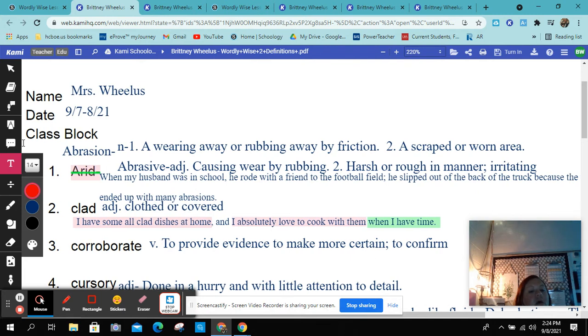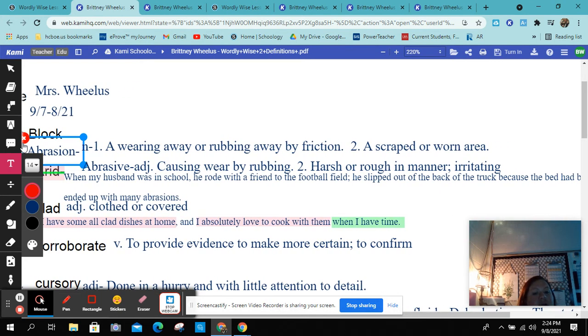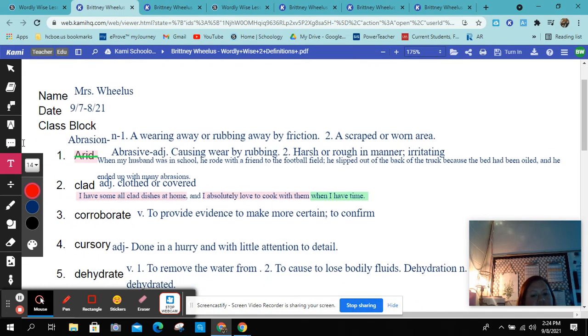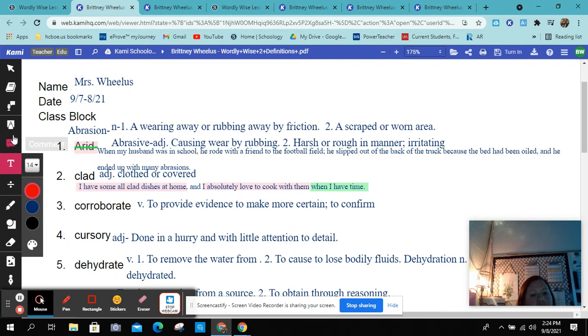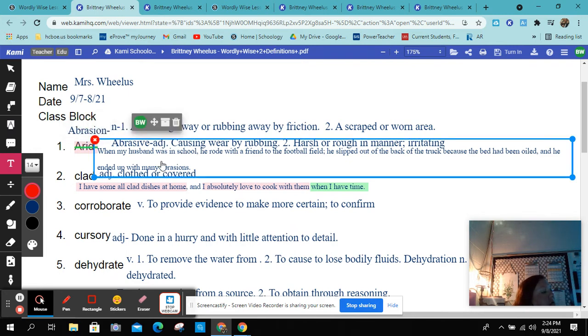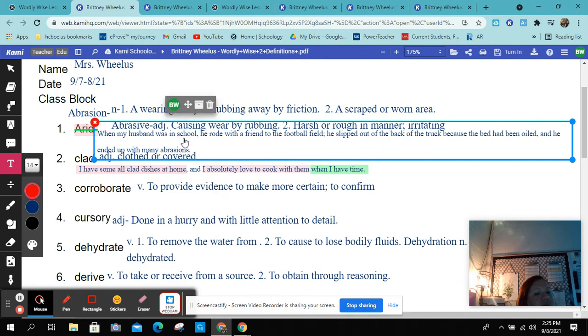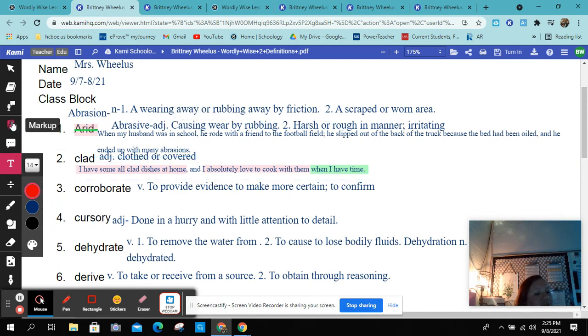Okay? Now, I gave you an example of a compound complex sentence. When my husband was in school, can somebody tell me what type of clause this is right here? Dependent.